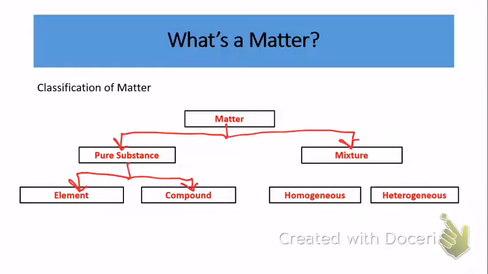A mixture can be broken down into two major groups, a homogeneous mixture or a heterogeneous mixture. This classification of matter chart you should know really super well. Throughout the rest of this lecture video, we're going to describe each of these categories: what an element is, what a compound is, what a homogeneous mixture is, and what a heterogeneous mixture is.